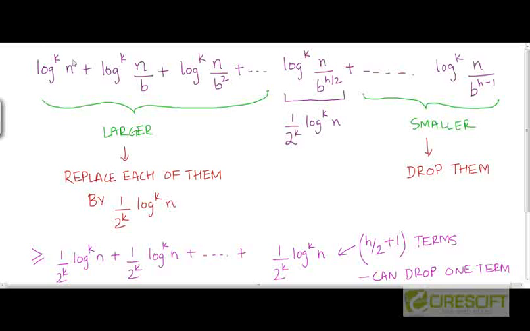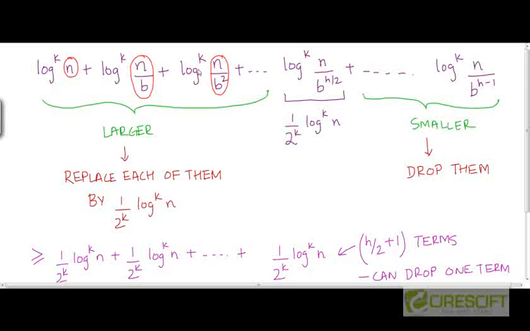If we change this n to n by b to the power h by 2, and so on, if we reduce all these arguments down to the argument in the middle term, we will be reducing the value of this summation of this series. Now, why do we want to do that?